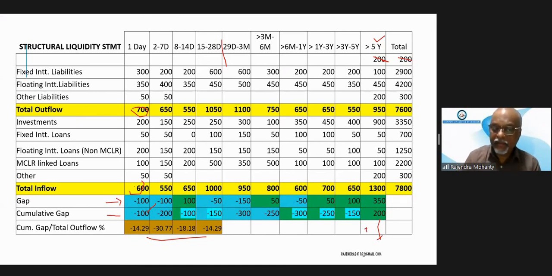When you come to the gap only, if you take the gap as a percentage of cash outflow, then this will be a plus. Wherever these green ones are, those will be plus. Okay, sir. Thank you. And this position the bank can easily see.